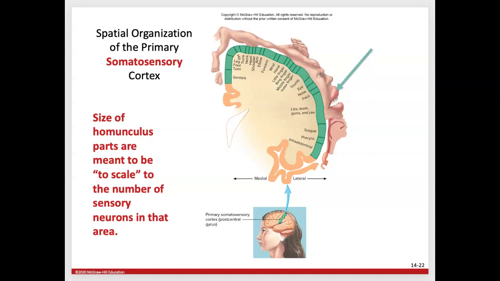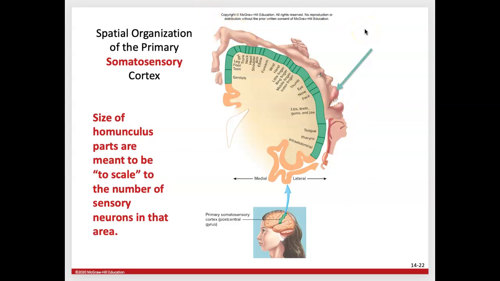In the body, the lips are really big in comparison to, say, the back. The lips have a lot of sensory neurons compared to the skin of the back.